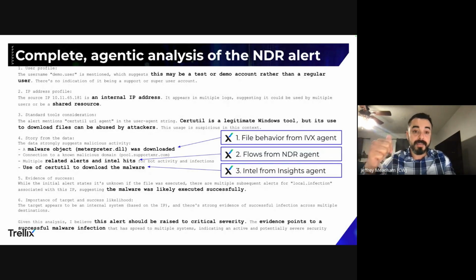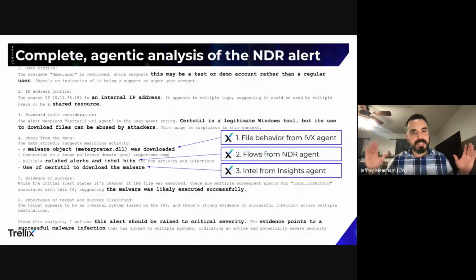First, the IVX agent took a look at the file behavior, and it confirmed that the interpreter DLL file, a known malware payload, was downloaded. From there, the NVR agent, which is focused on network, pulled in the network flow data, confirming, yep, there was communication with the malicious domain. The Insights agent added intel hits, showing that this domain is linked to a botnet and malware activity.